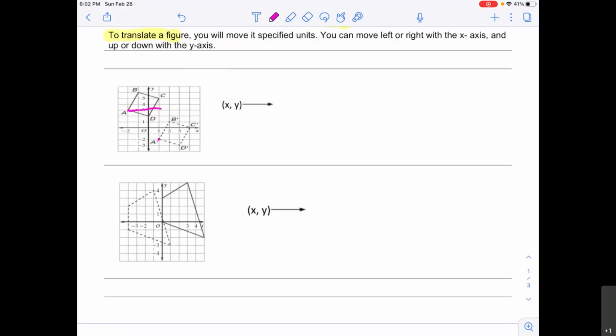I would say it moved right 1, 2, 3 units. Then it moved down 1, 2, 3, 4, 5 units. So this moved right 3 and down 5.